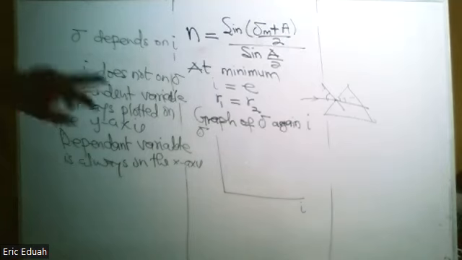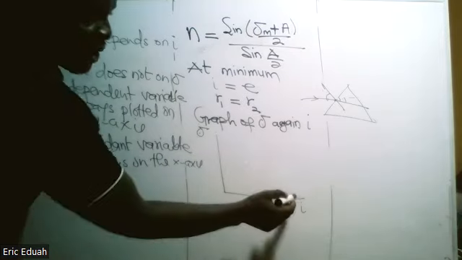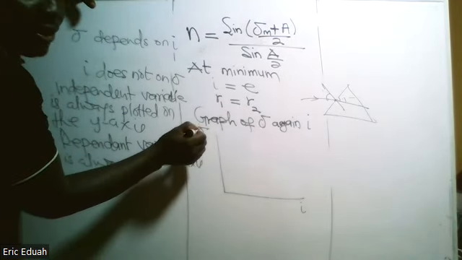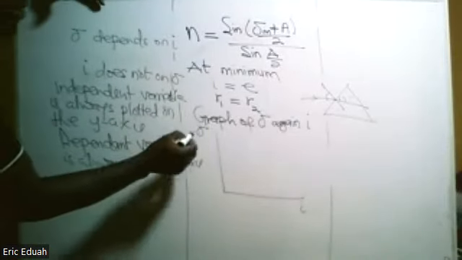Okay, so here it is the other way around rather. Sigma depends on I. Is that okay? So the dependent variable rather is on the y-axis, and sigma is a dependent variable. Anita, thanks for the notification.